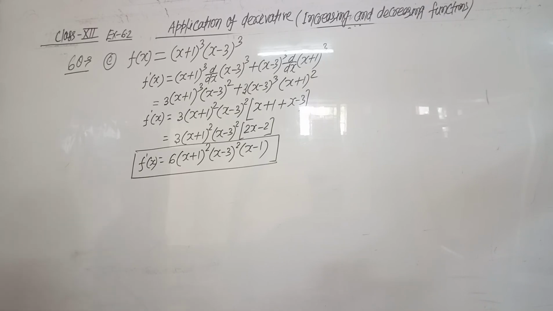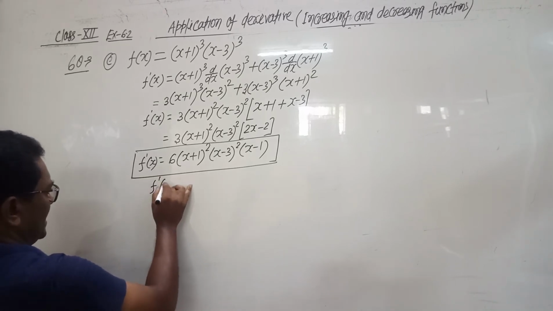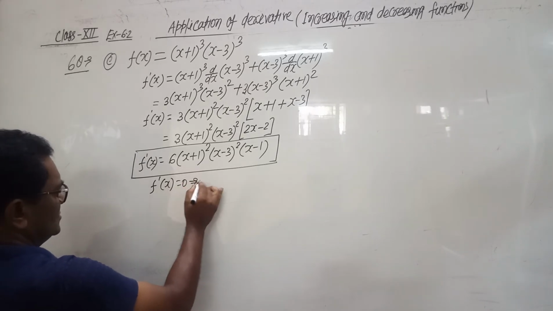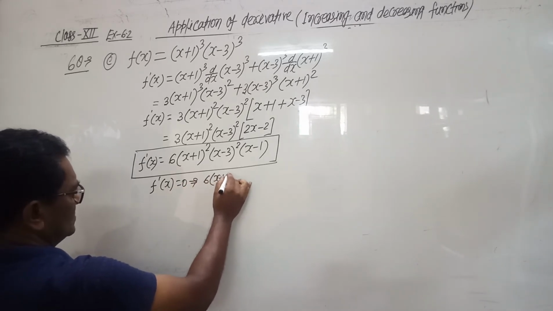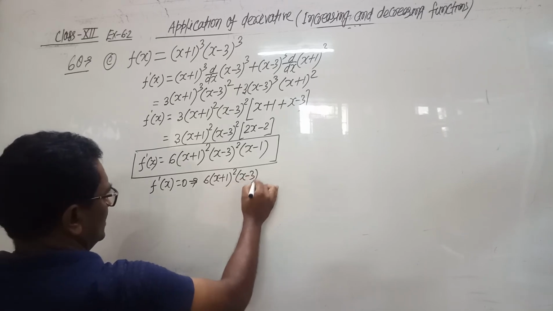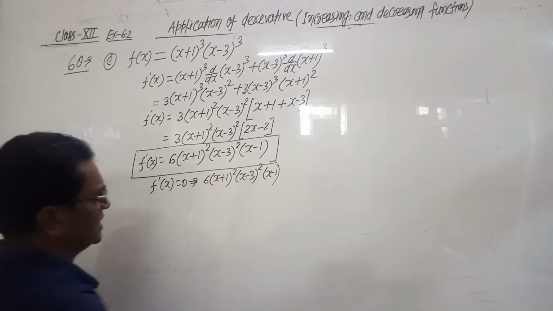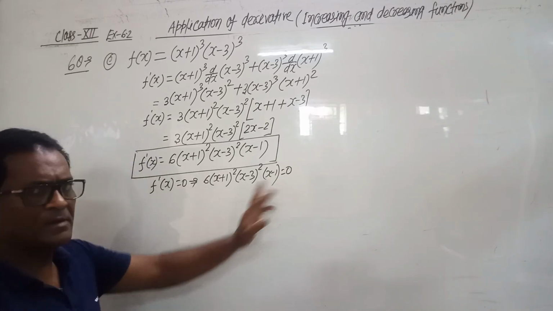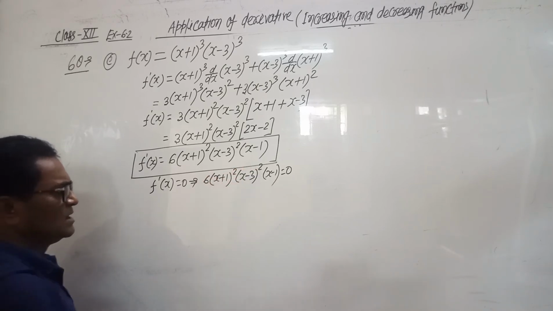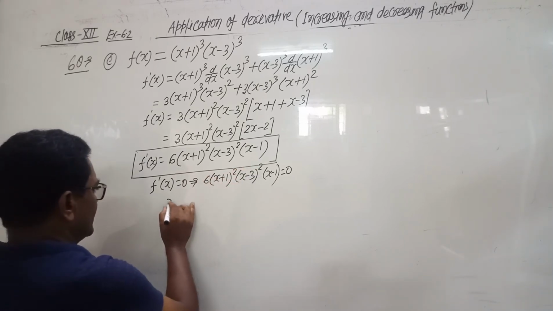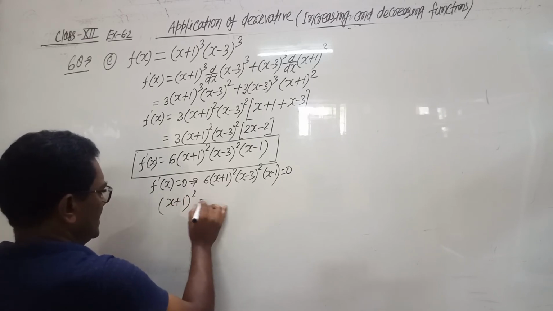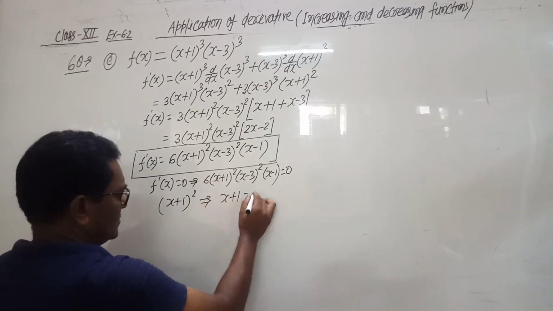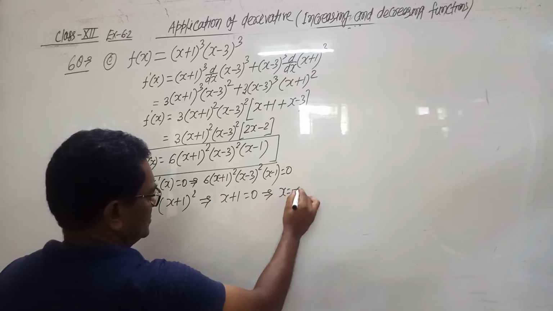Now we have to make f dash x equals to 0. So put f dash x equals to 0. This implies 6 into x plus 1 the whole square, x minus 3 the whole square, and x minus 1 equals to 0. 6 cannot be 0. Then x plus 1 the whole square, it means x plus 1 equals to 0, and the value of x is minus 1.